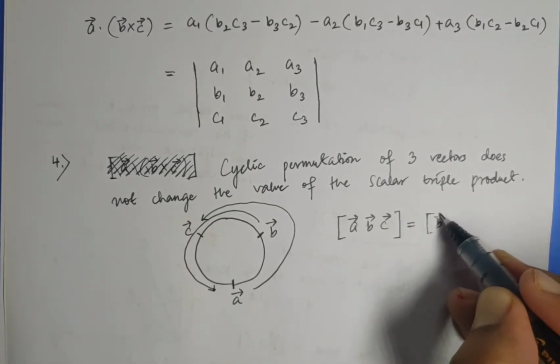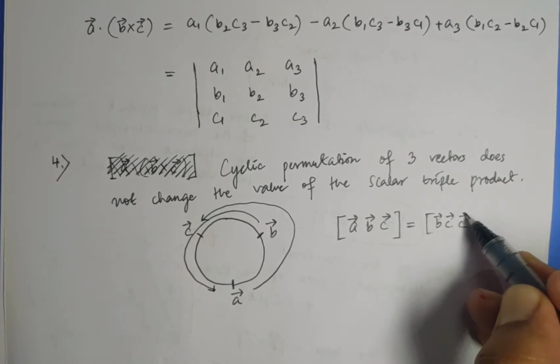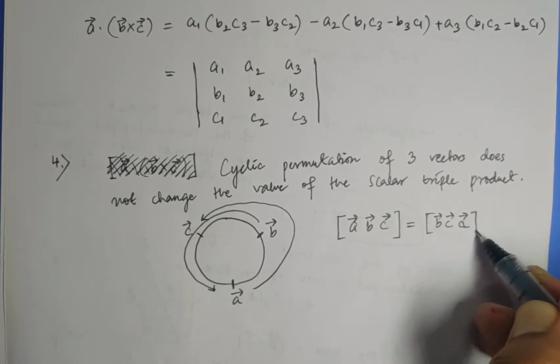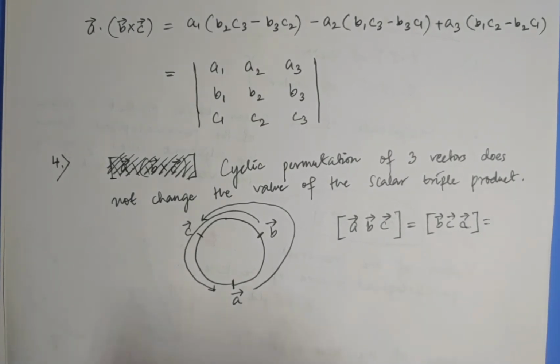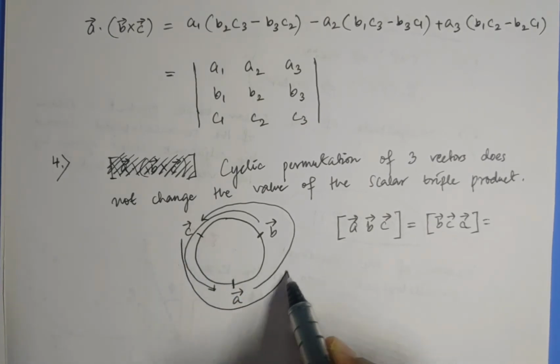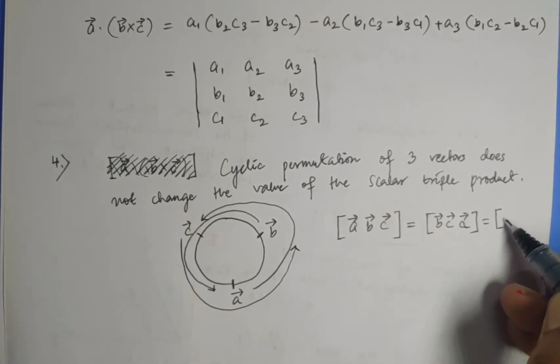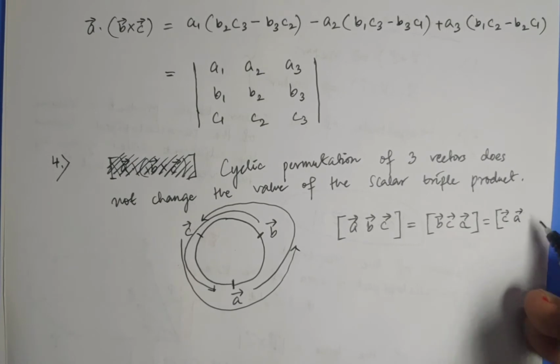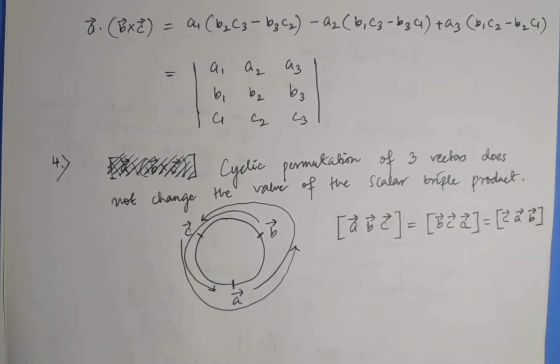So it will be B, C, A, which is equal to, again, C, A, B. Understood? So cyclic permutation of the three vectors does not change the value of scalar triple product.